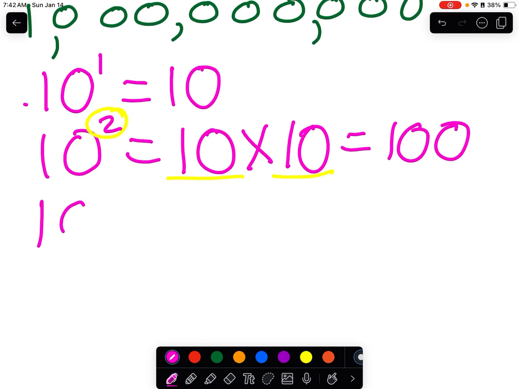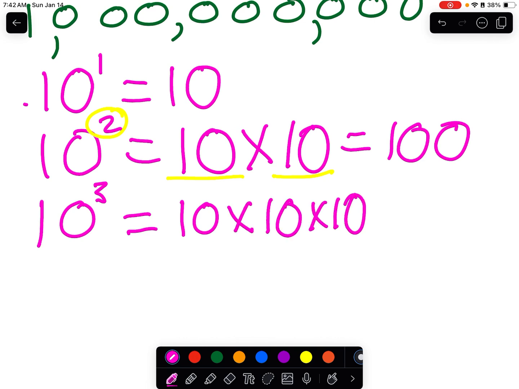Now we'll do just one more so you get it. 10 to the power of 3, and that's just the language you use, to the power of. 10 with an exponent of 3, which is called 10 to the power of 3, is the same as 10 times 10 times 10. You can see we've got 10 written out 3 times multiplied, and that's going to be 1,000 because 10 times 10 is 100, 100 times 10 is 1,000.